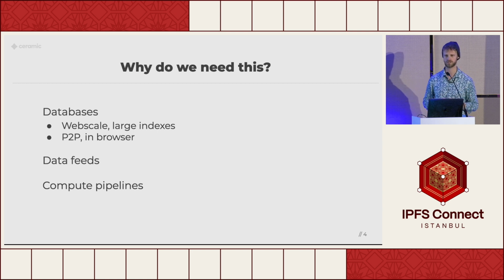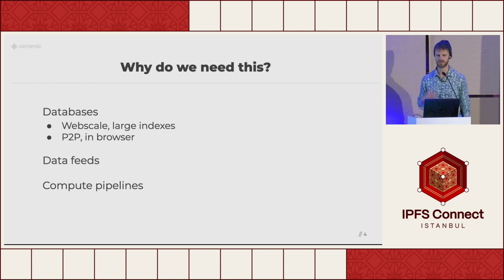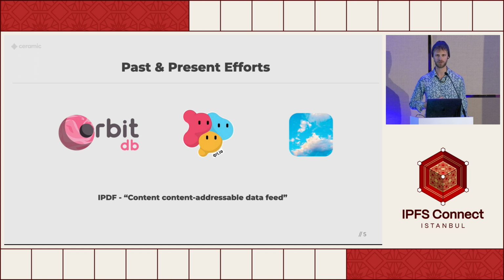That could be from capturing vehicle data or weather data, or all kinds of different places where we output a lot of data at the same time. We also could use this mutable system for compute pipelines, so that we can tie different computational networks together.